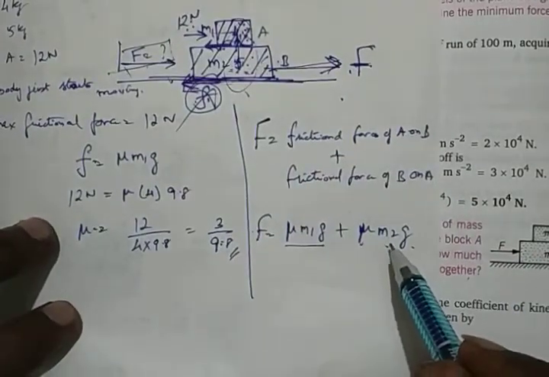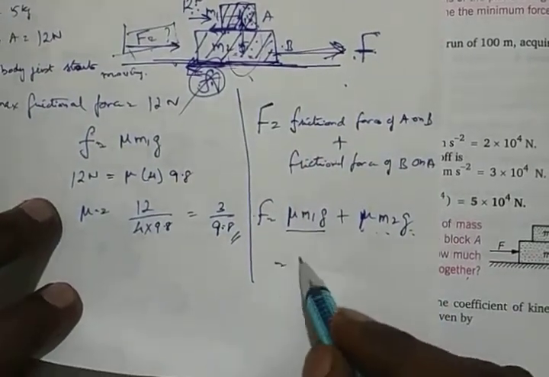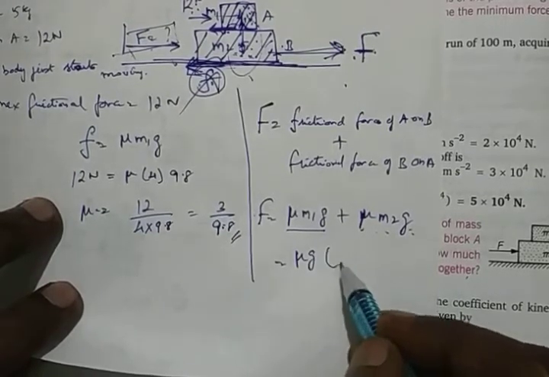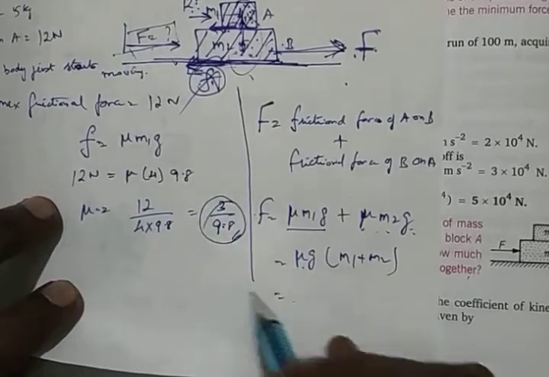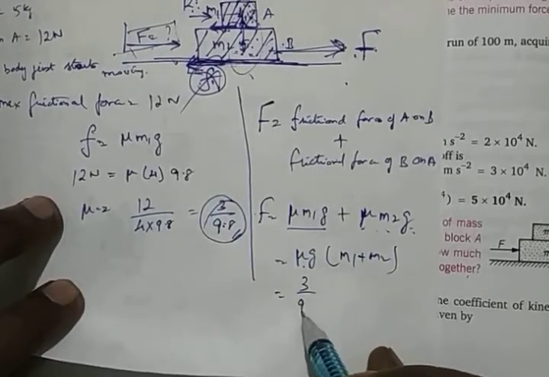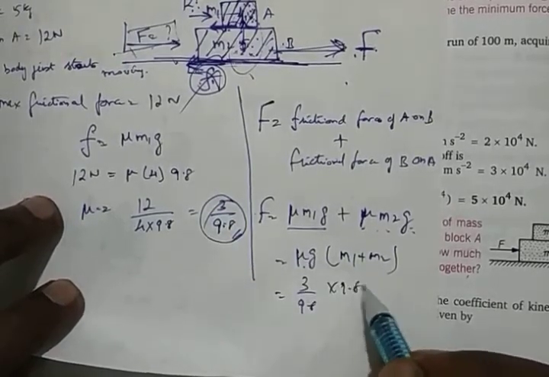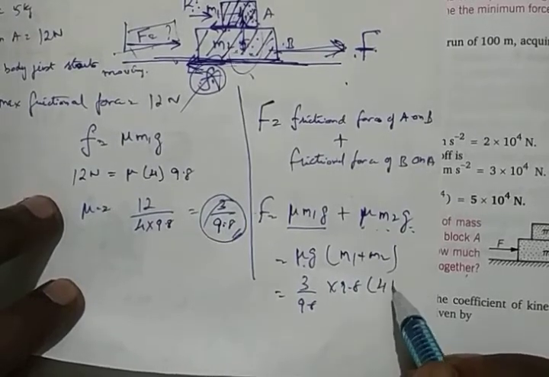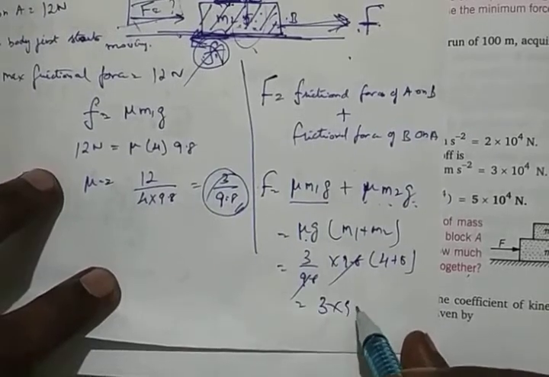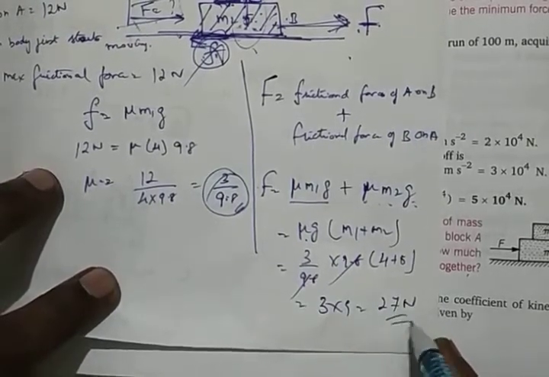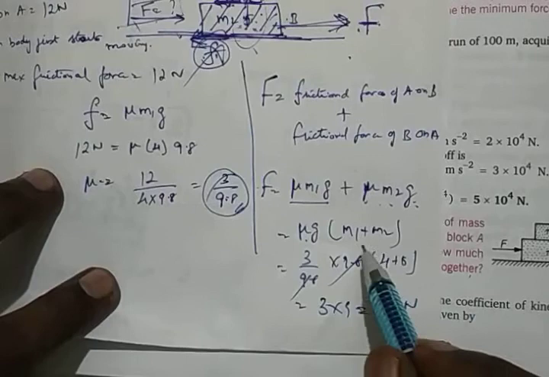So it's going to be mu g outside, m1 plus m2. Mu we already know: it is 3 upon 9.8, into 9.8 into 4 plus 5. The 9.8 gets cancelled out. So 3 into 9 is equal to 27 newtons. That will be the force.